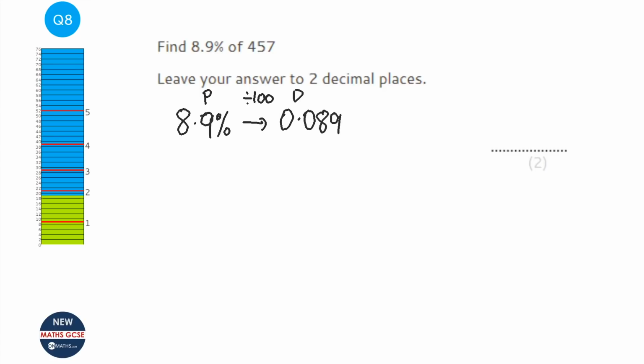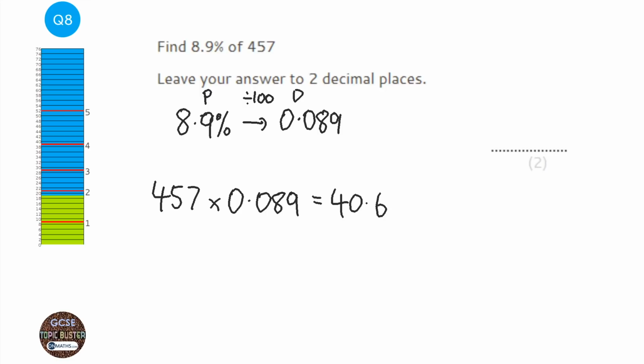And all I need to do is get my quantity and times it by that decimal. So I'm going to times that by 457 equals, and it says 40.673, and it wants it to 2 decimal places, so that's going to be 40.67.